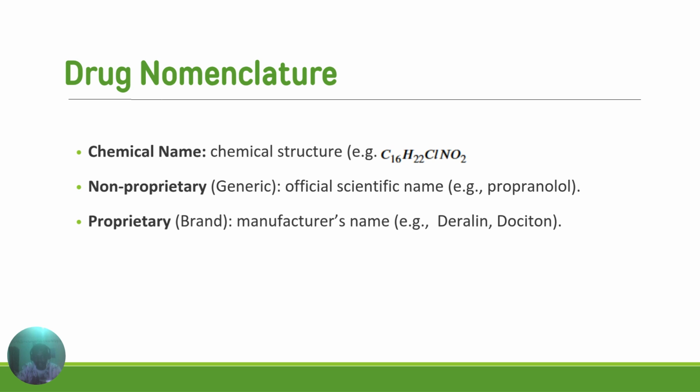This is commonly given by the manufacturer. So a manufacturer decides to name a particular chemical depending on the brand identity. For example, we have Duralane and Dositon. They all refer to propranolol.